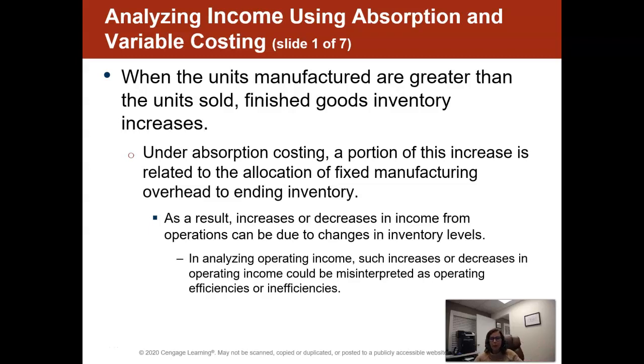We're going to pick up our analysis of absorption and variable costing. So when we have manufactured more than we've sold, what we have left in our ending inventory, or finished goods inventory, as it says here on our slide, actually includes a portion of our fixed costs under the absorption costing method, because we've got all that overhead in each item, and when some of it's still left in inventory, obviously then we've got fixed costs that are wrapped into inventory.